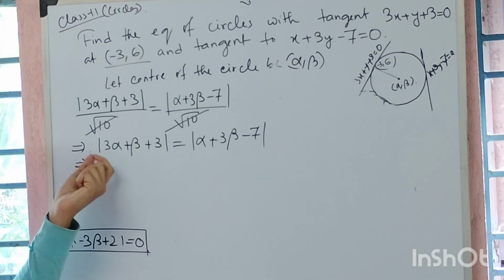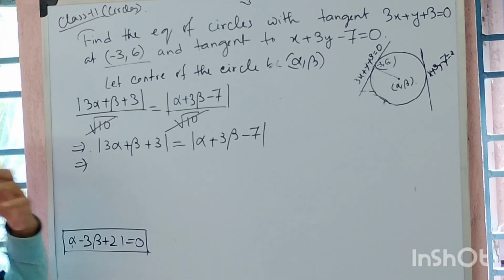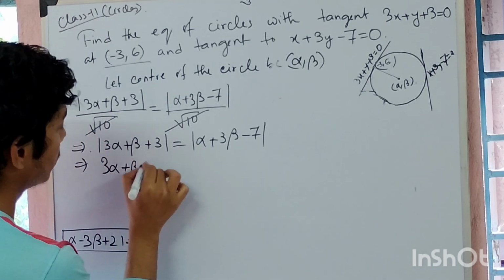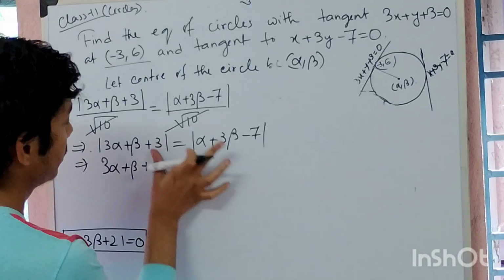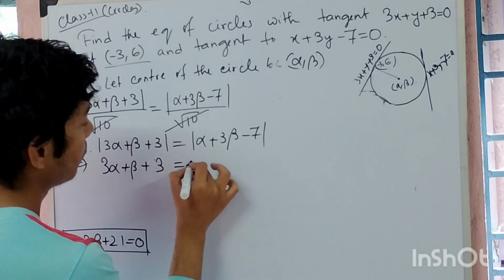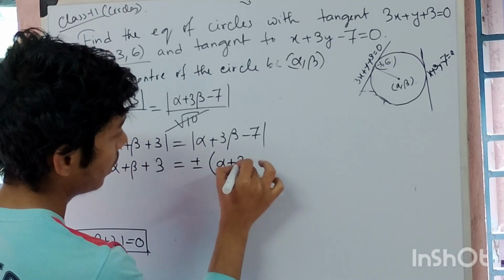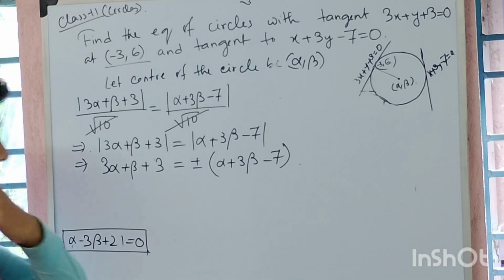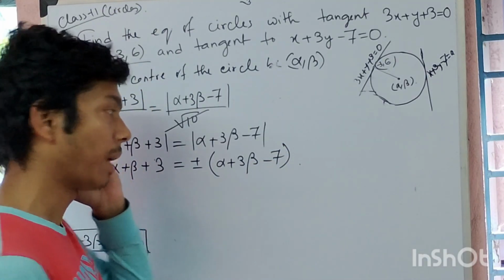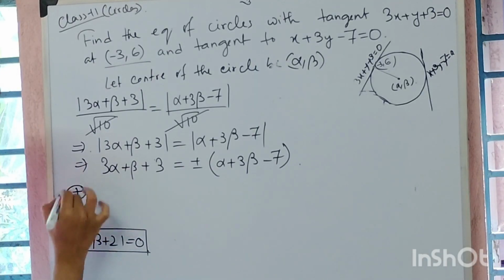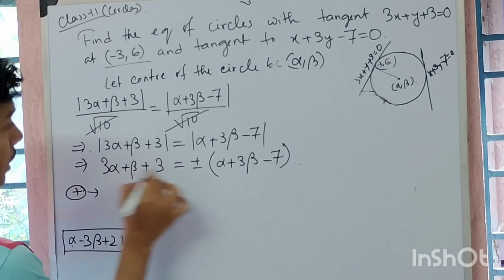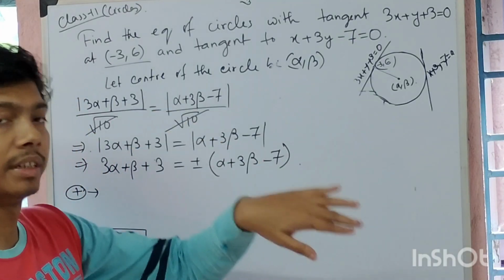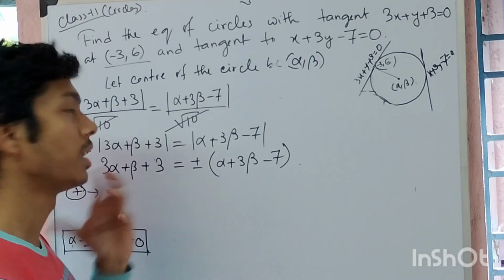If I remove the modulus, there will be a plus or minus of (alpha + 3 beta - 7). Clear? First I take the plus sign, and second I will take the minus sign, and find the equations.